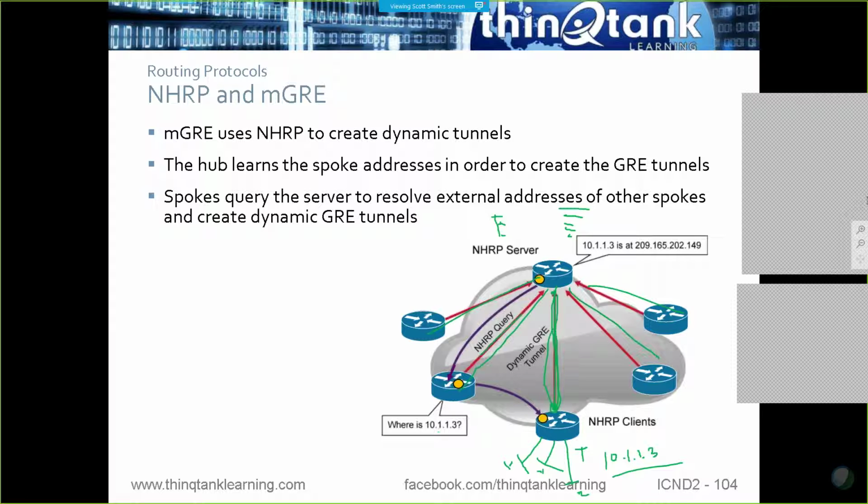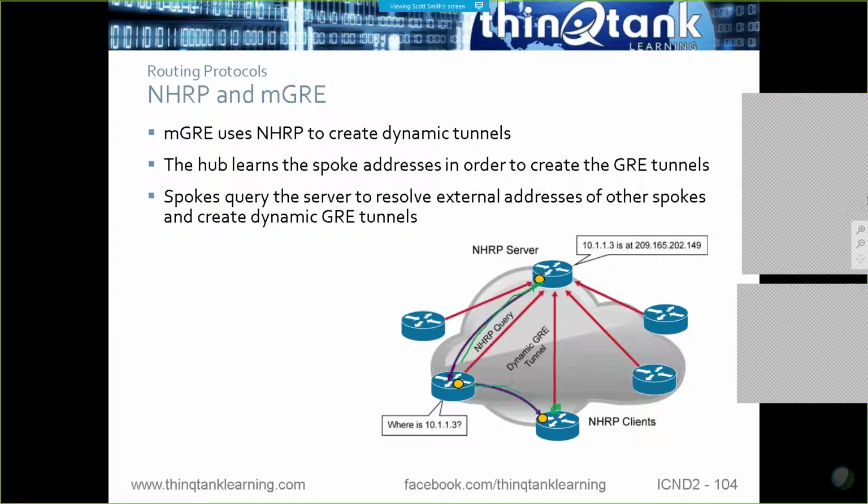So this router knows, hey, if I want to get to network X, I need to send the packet to 10.1.1.3. But it's programmed to say, hey, if I want to send packets to 10.1.1.3, let me go ahead and query the hub so that the hub can tell me what the public IP is of that router.